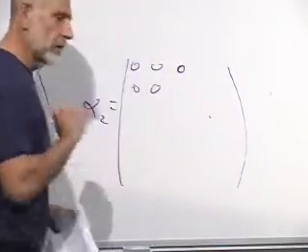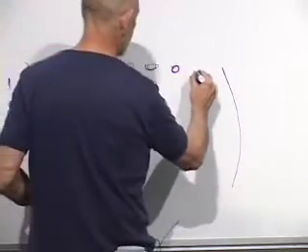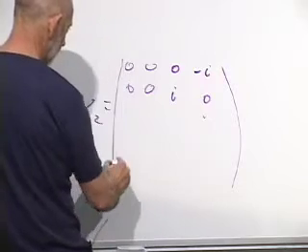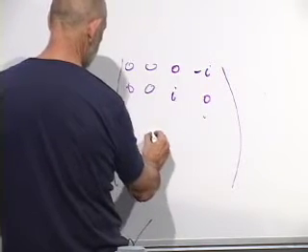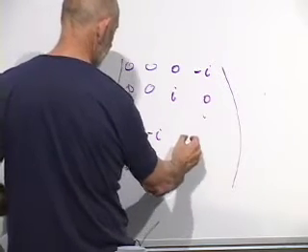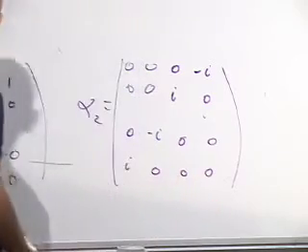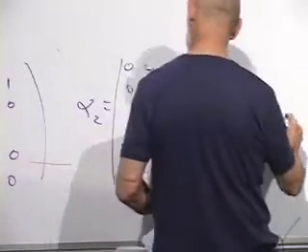Anybody know what comes next? Minus I, 0. And down here we have 0, minus I, 0. And then 0, 0, 0, 0. Alpha 3. Surely you can guess.